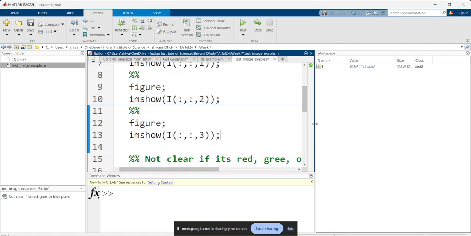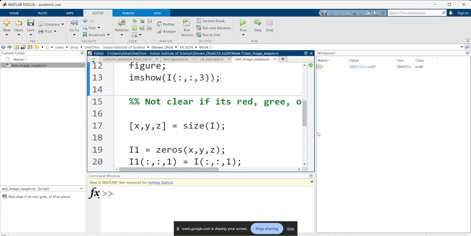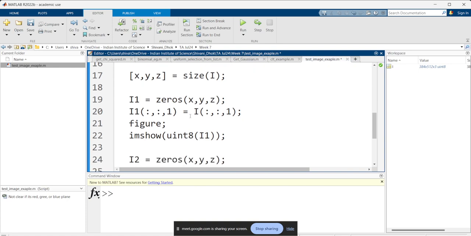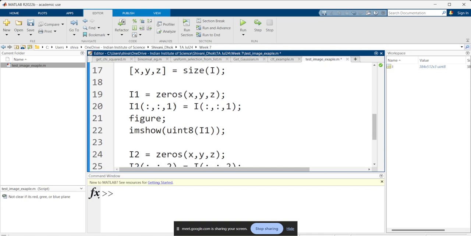Now, I claim that these three correspond to the red, green and blue parts of the image. In order to visualize that, we'll take zeros, and suppose I have the first depth, then I'll only make the first depth non-zero and the rest all zeros.